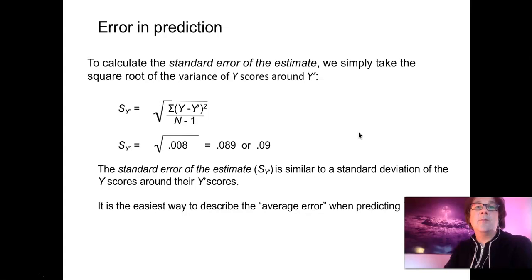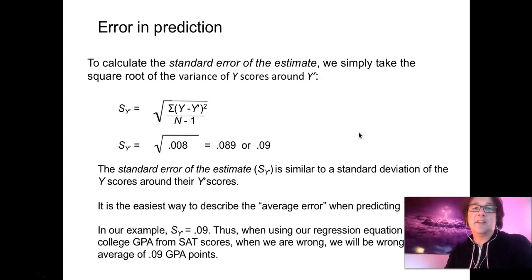So it's basically the easiest way to describe the average error when predicting y-scores is the standard error of the estimate. Again, we'll be taking a look at all of this stuff in SPSS when we run these models. So in our example, we had the standard error of 0.09.